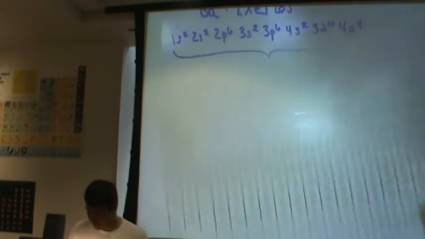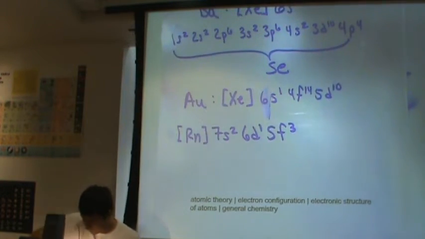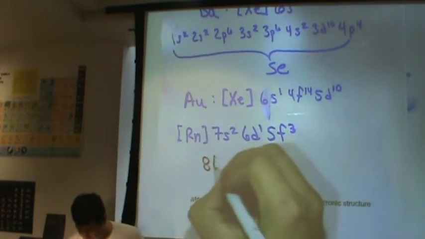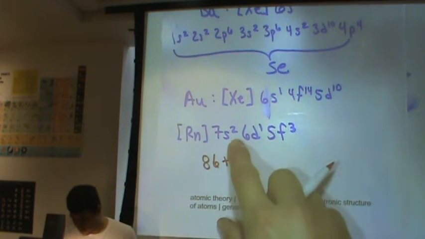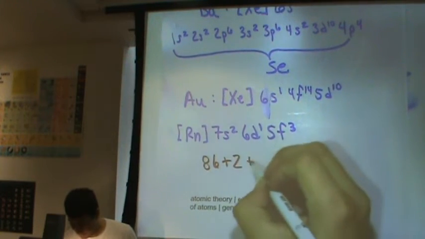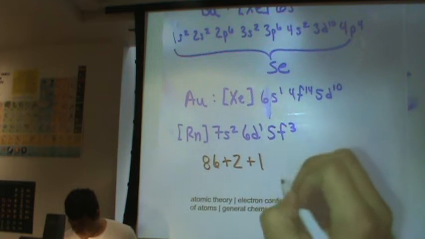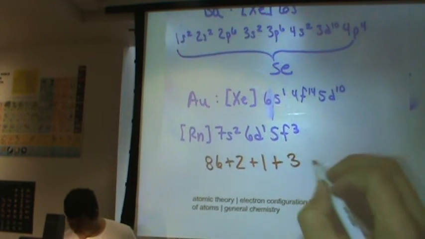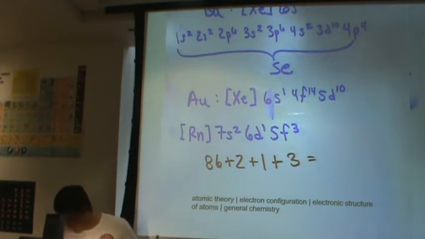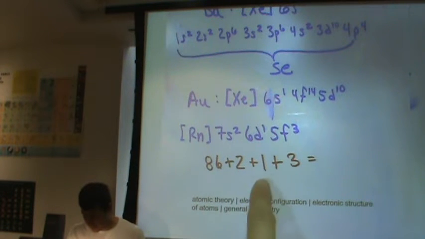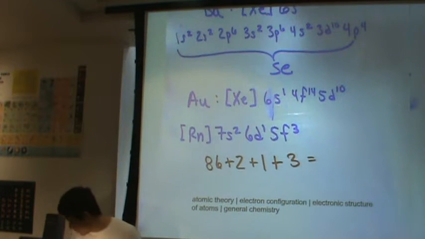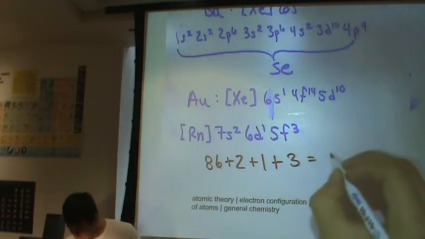So we're going to write down 86 here, plus 2 s electrons, plus 1 d electron, plus 3 f electrons. This is going to give us 86 plus 2 is 88, 88 plus 1 is 89, 89 plus 3 is 92.